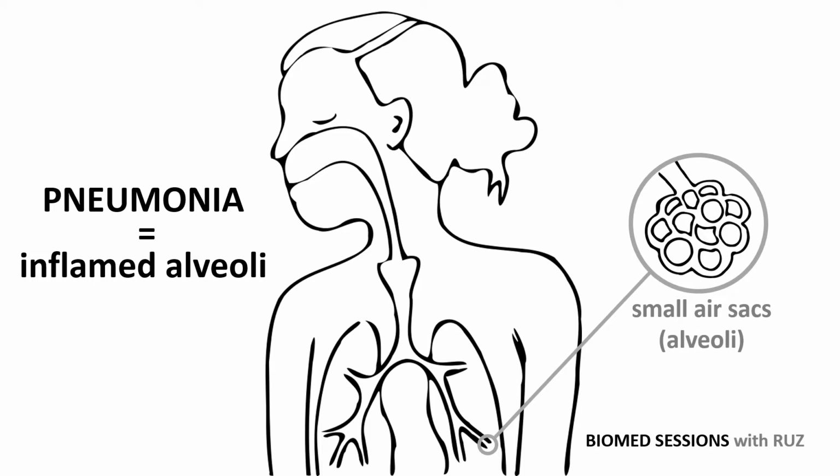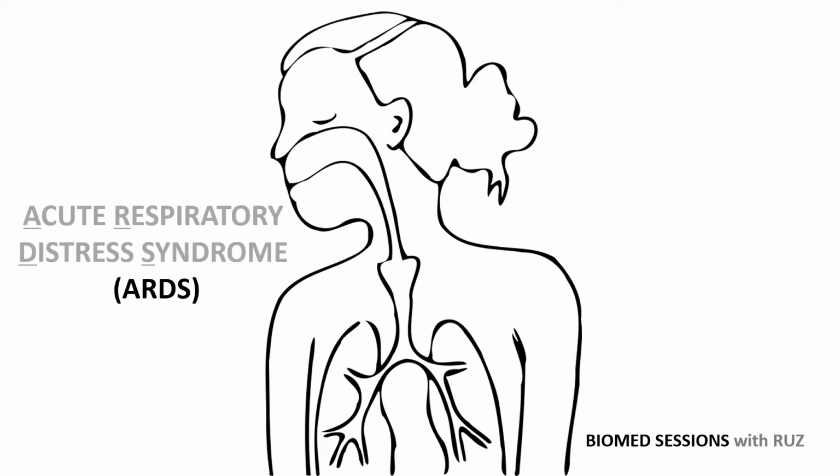Pneumonia, in simplified terms, means the small air sacs of your lungs, known as alveoli, become inflamed due to infection by a microorganism, e.g. a virus. Pneumonia can lead to acute respiratory distress syndrome, ARDS for short, i.e. an aggressive inflammatory response which leaves the lungs fluid-filled and stiff. ARDS interferes with the lungs' usual job of getting oxygen into the body, vital for organ function.